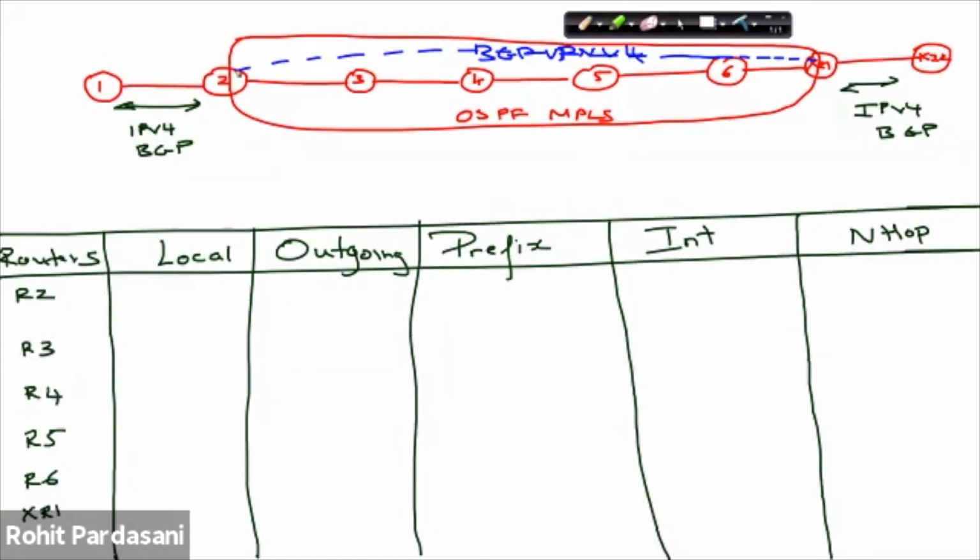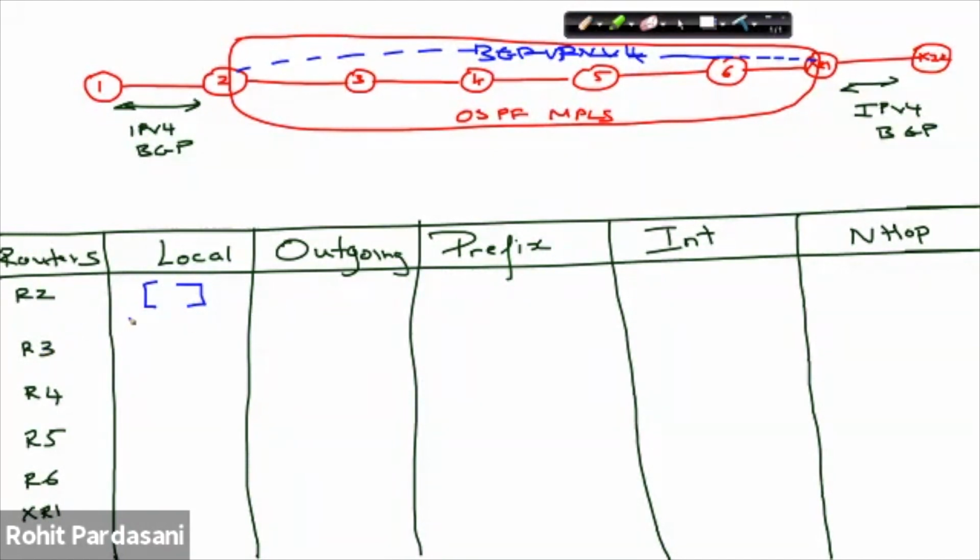So he advertises a special label to his neighbor through LDP that this is a directly connected interface of mine. It's a special label which I'm giving you, which is called implicit null. So whatever he advertises, he puts that here. And that's going to be blank, which basically means that it's an implicit null label, label number 3, for the prefix 2.2.2.2, which is the loopback of R2.